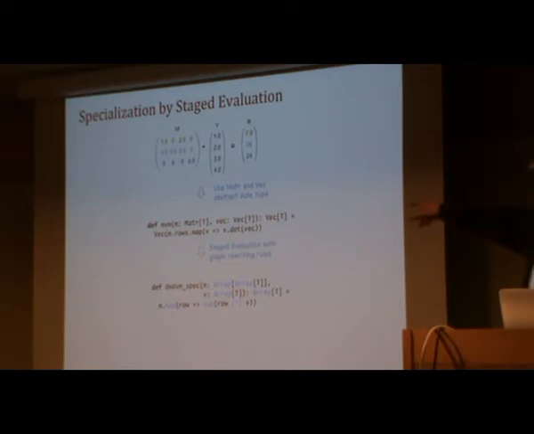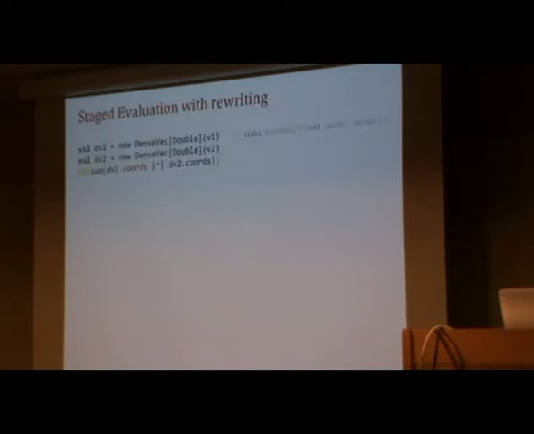We just evaluate this function in staged mode and apply graph rewriting rules to produce this code. So the staging part is like a transformation medium when we go from this formulation of the problem to the specialized version.